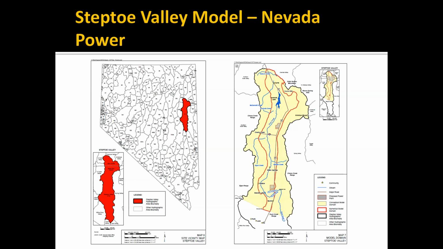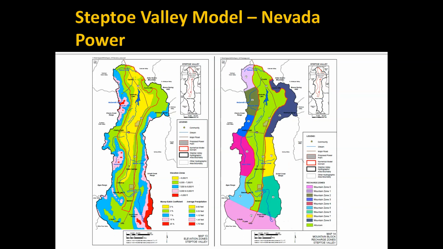They have some shallow groundwater flow, but it mostly provides runoff either through streams or just lateral inflow into this valley. And so on the left here, again, the red line is the model boundary we selected.